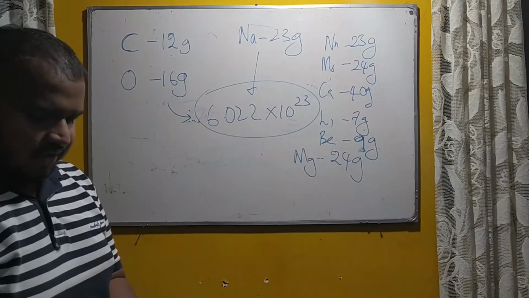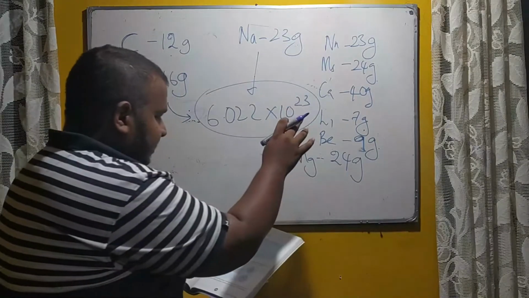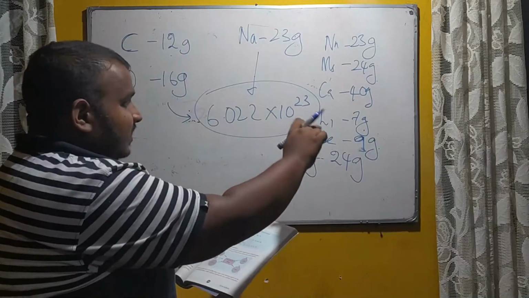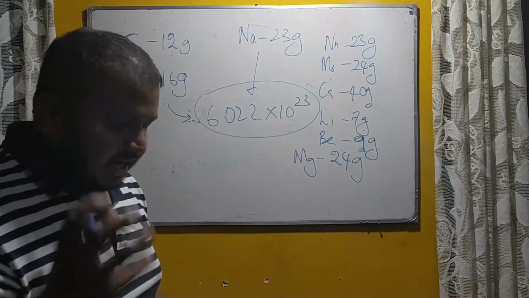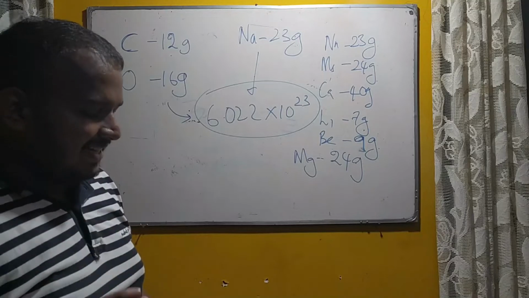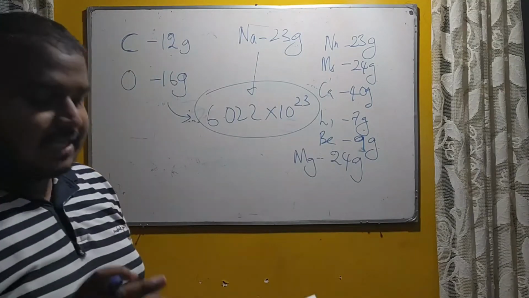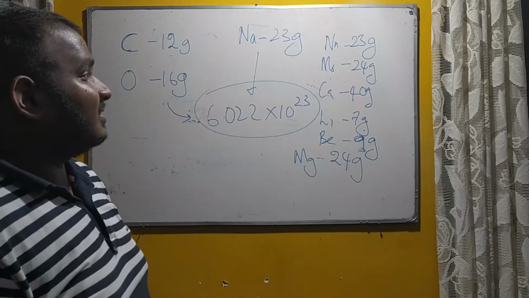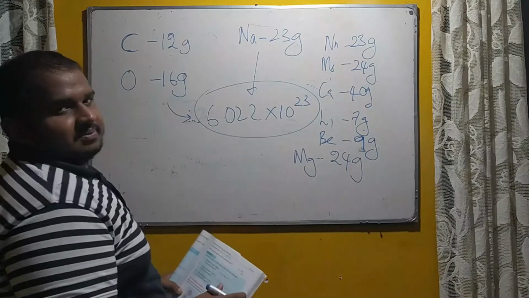So how are we defining it in a proper manner? When a mass of any element equal to its relative atomic mass is taken in grams, it is seen that it contains the same number of atoms irrespective of the element. That constant value we call the Avogadro constant.